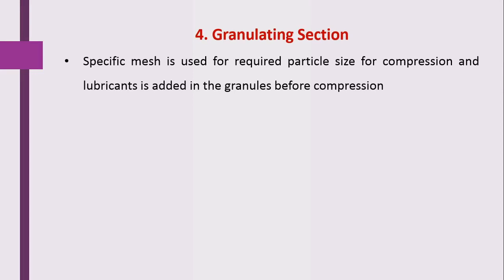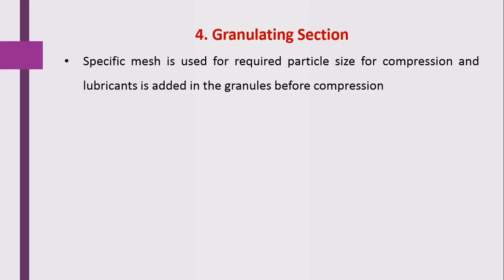Here a specific mesh or sieve is used to get the required particle size for compression. The granules which are prepared, as well as the granule size, are maintained as per the requirement for compression.